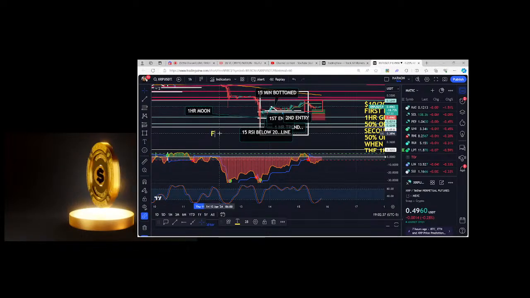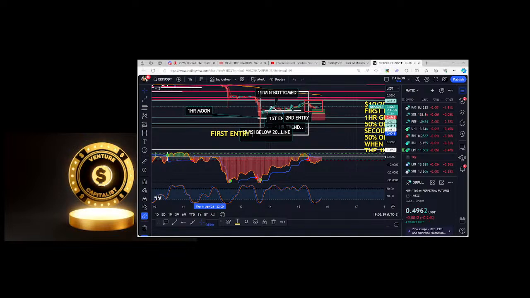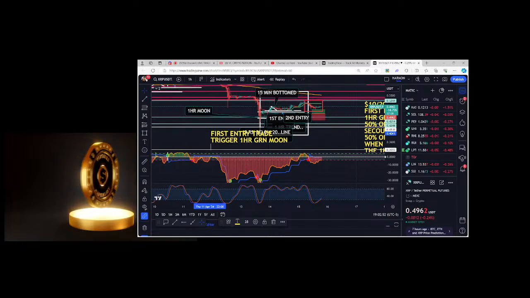So the first entry on the trade has a trigger, which is a 1 hour green moon, right? And with that, that's the trade that we would be looking for. And the basis is simple.